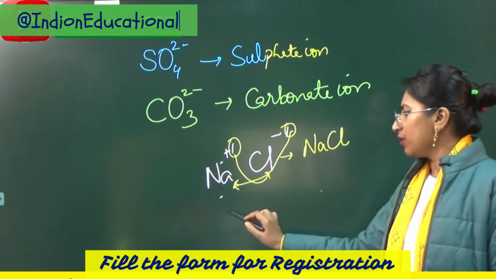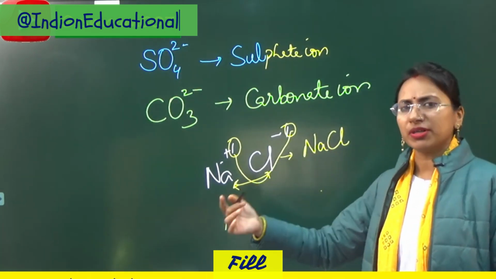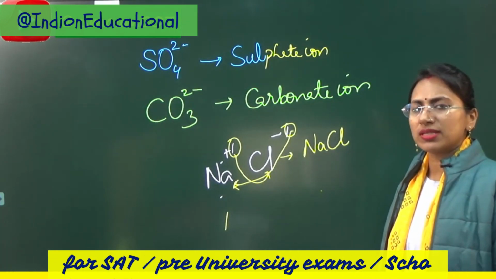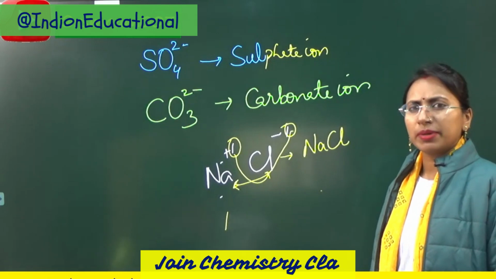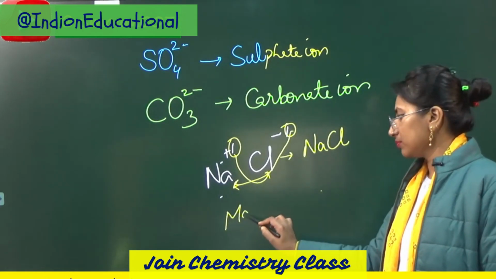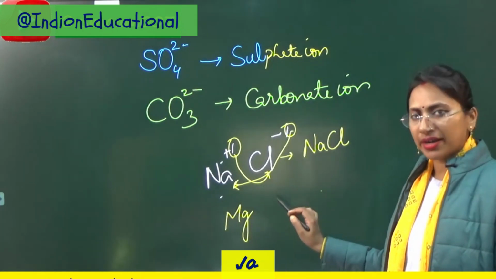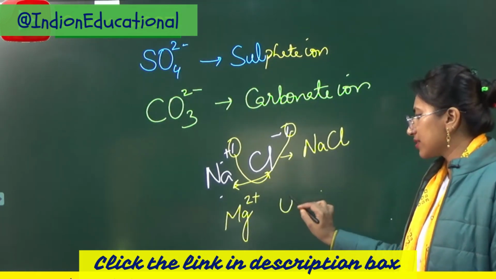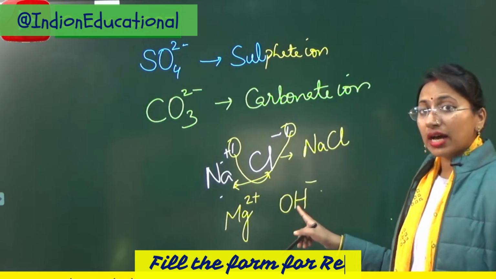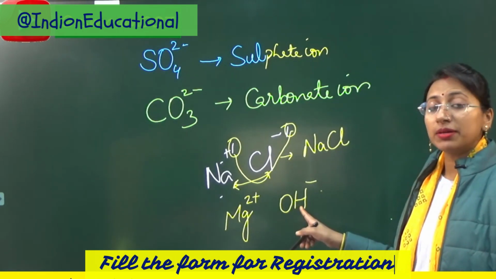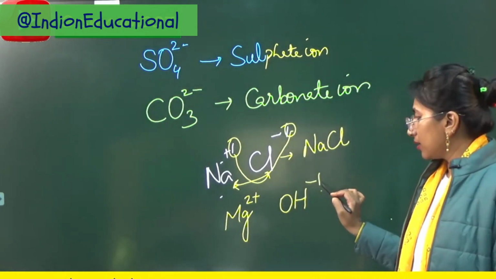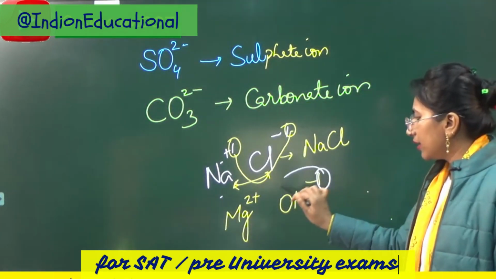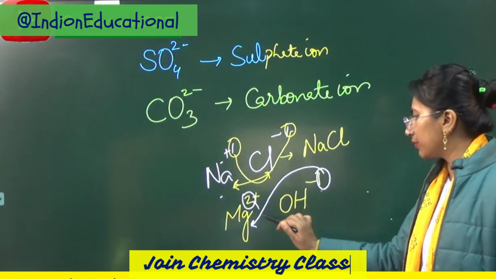Now if we want to write a different compound, let's take a base this time: Mg(OH)2, magnesium and hydroxide ion. What will be the formula? Mg OH. This one will come here, and this too will come here.